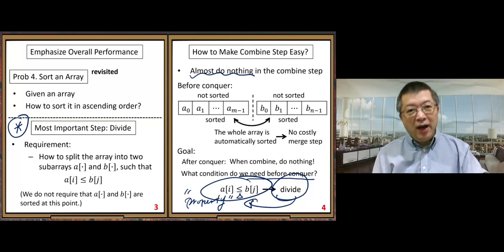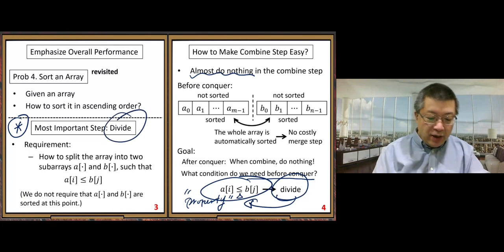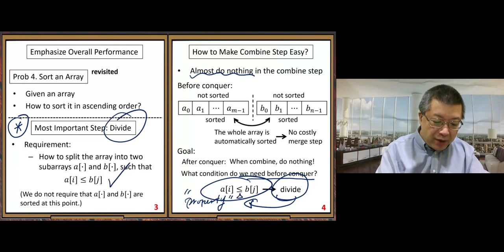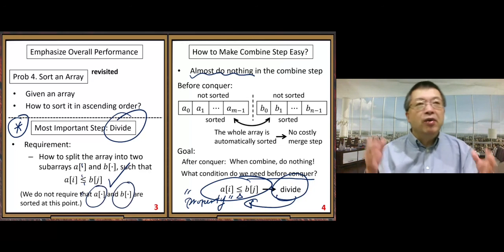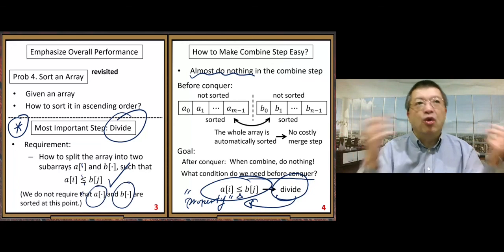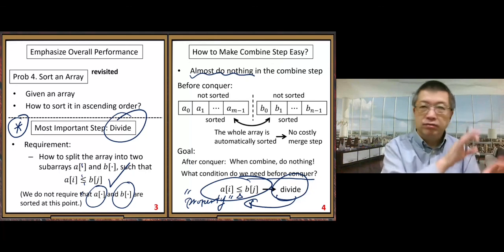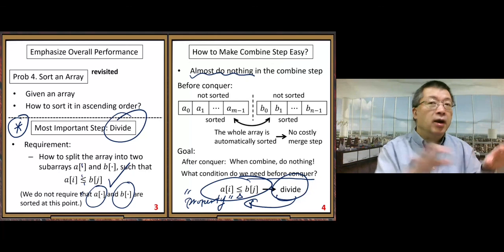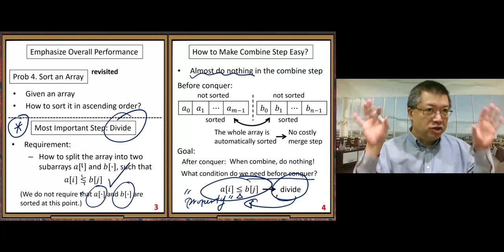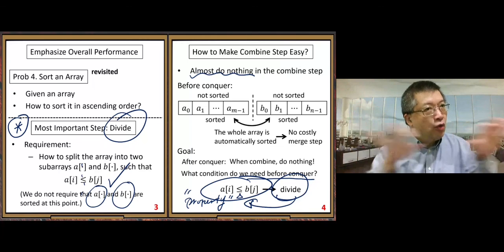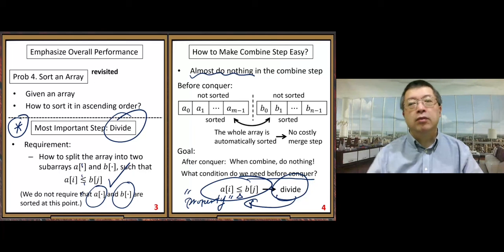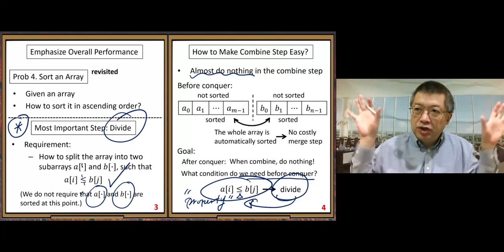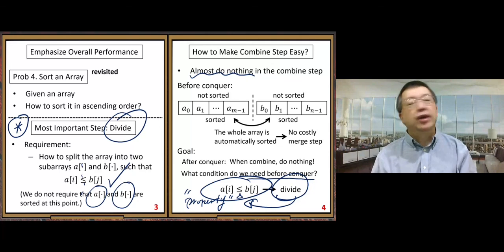When we do that divide step, we only require this property, but for each subarray we do not require elements to be sorted. Elements are not sorted in general. But the recursion, conquer step will get each subarray sorted, so we don't worry about it.